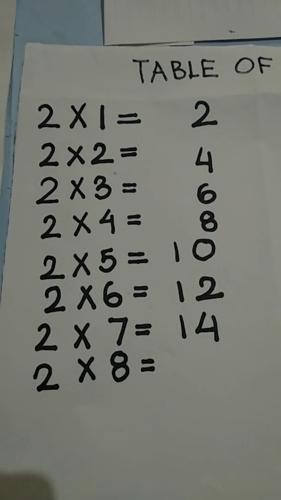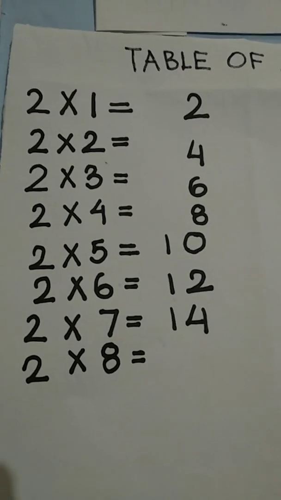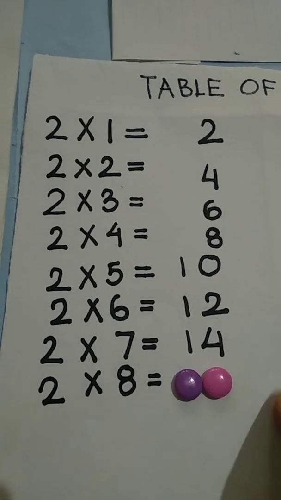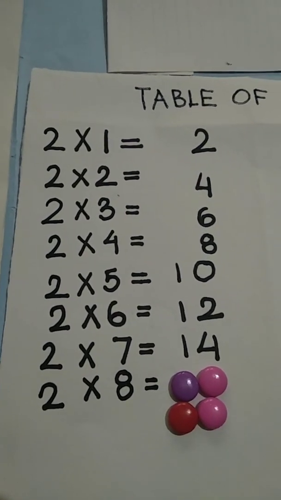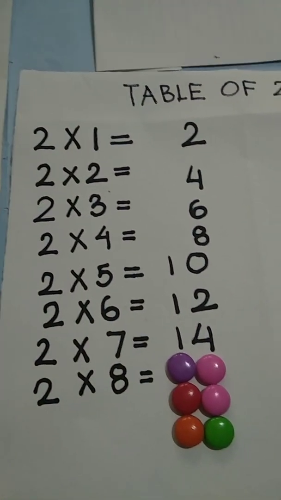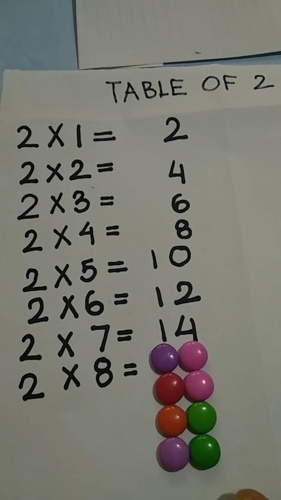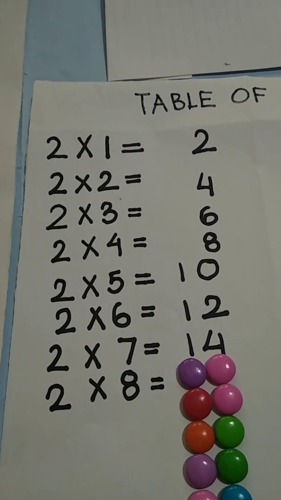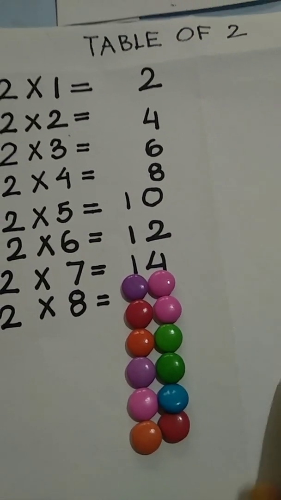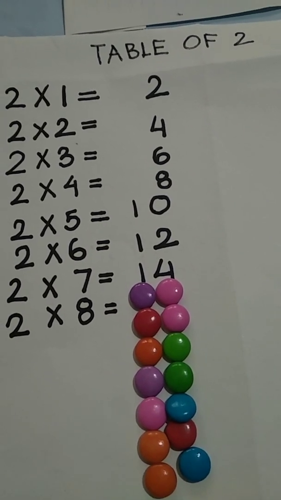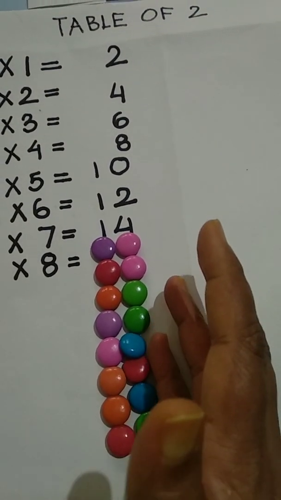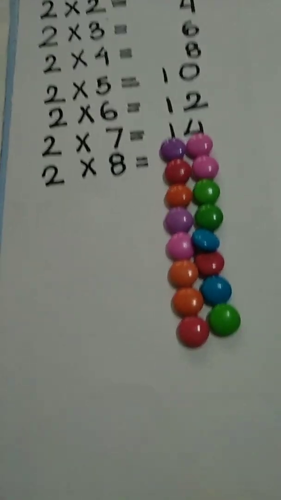If we put 2 8 times, how much do we get? 1 times 2, 2 times 2, 3 times 2, 4 times 2, 5 times 2, 6 times 2, 7 times 2, and 8 times 2, right? So we have 8 times 2.